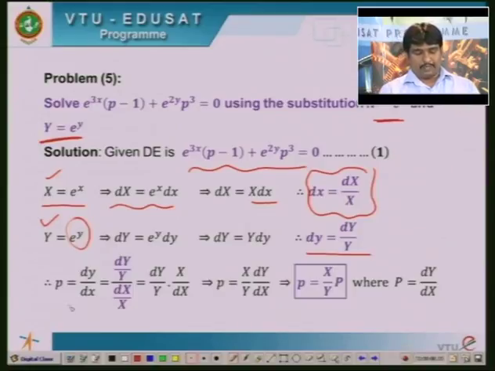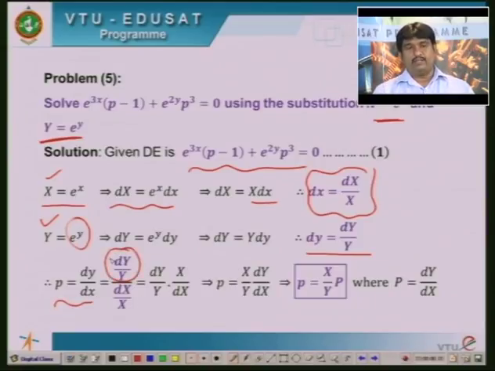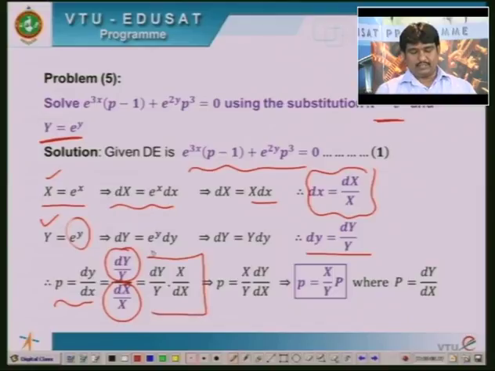Now small p, we know that p is dy by dx. Now I will substitute for dy and dx: dy is d capital Y divided by capital Y, and d small x is d capital X divided by capital X. You can write this as dY by Y into X by dX.